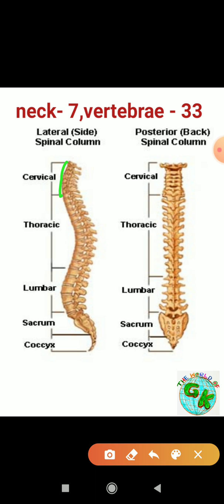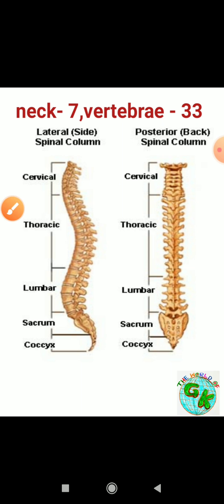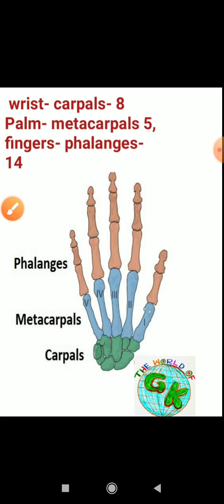Neck bones are known as cervical vertebrae, and below that you can see thoracic vertebrae, below that lumbar vertebrae, then sacrum, and last part is coccyx. Coccyx is the tail-like part. So all these together, 33 bones are there in vertebral column.